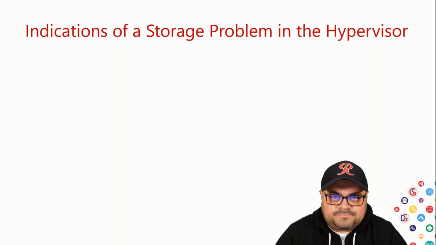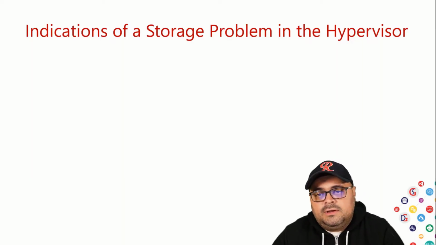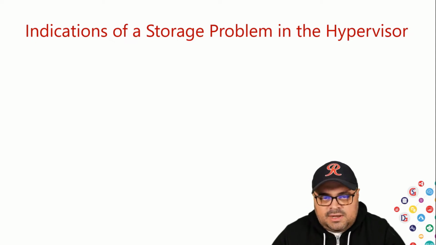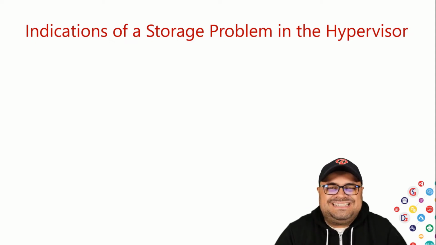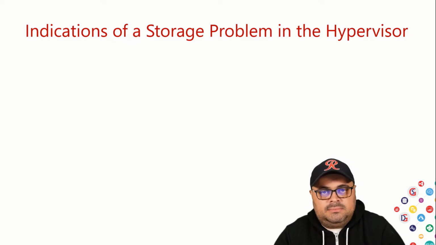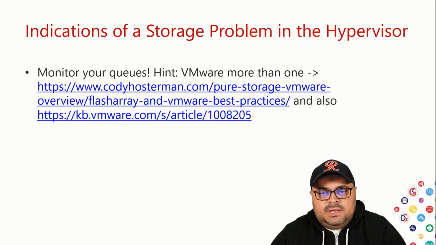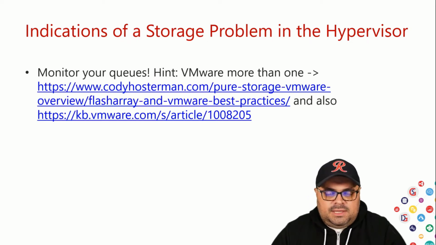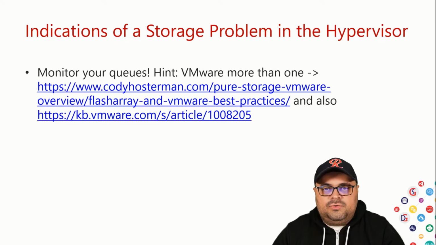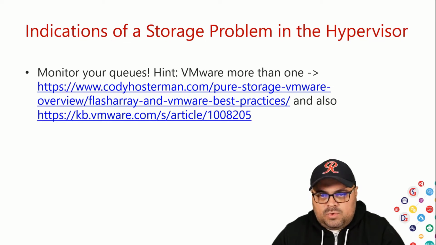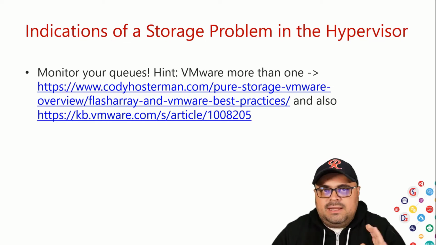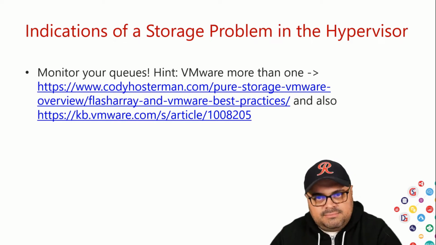Here, talking specifically about VMware, what we want to focus on is how can we tell whether there's a storage problem from the VMware point of view. The first thing that comes to mind for me is monitor your queues. VMware has more than one queue, and I can't claim that I always remember the names of these queues.